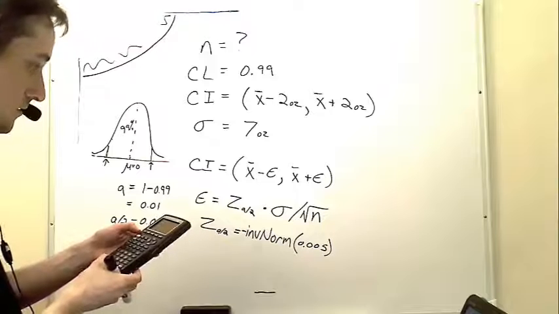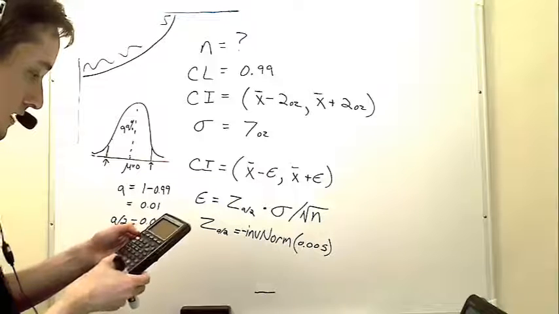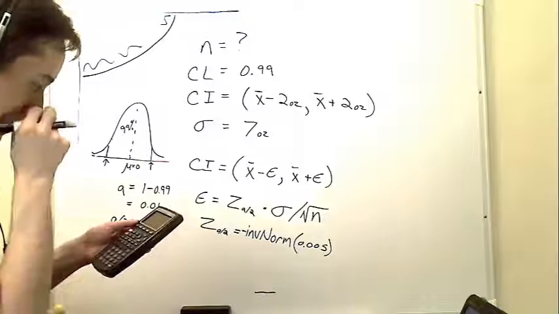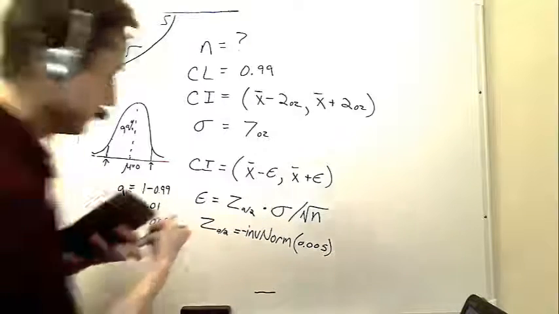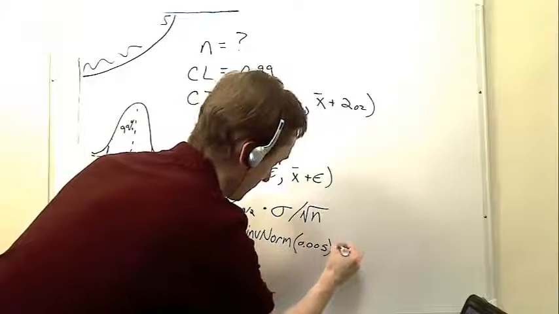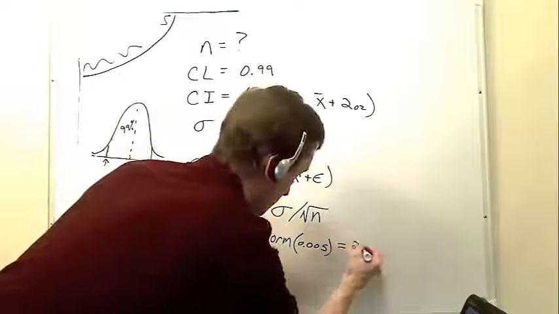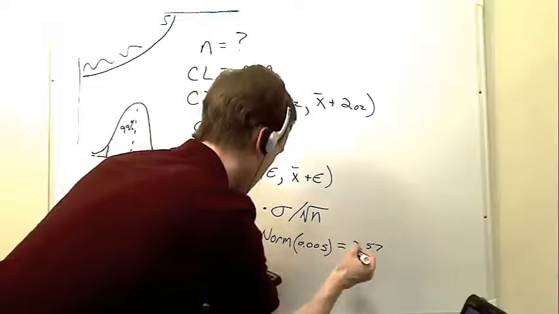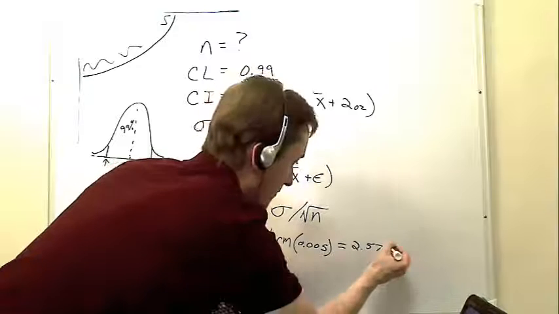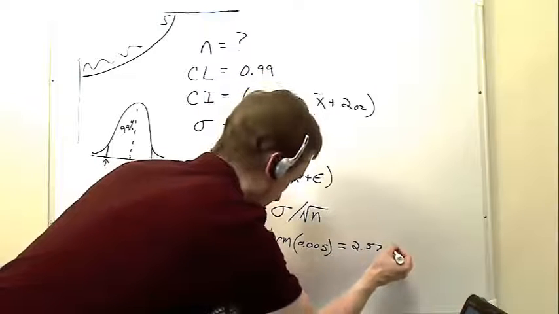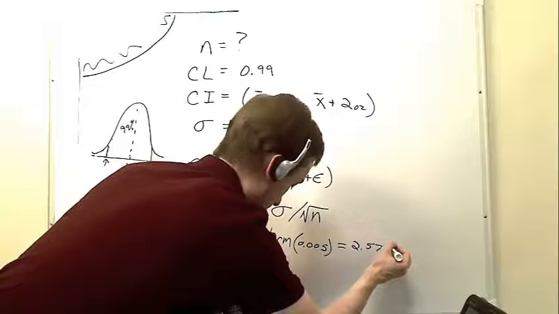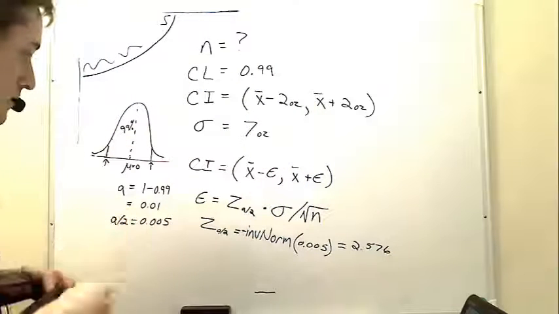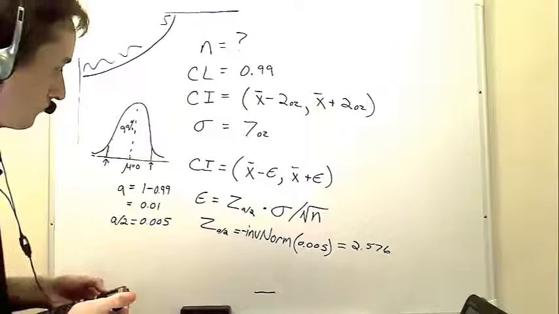Punch in 0.005, close the parentheses, and I get 2.57, and we'll round it to the third decimal place, which is 6. Okay.